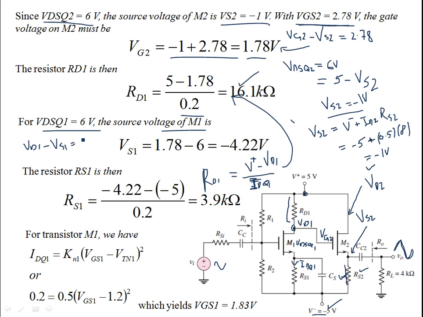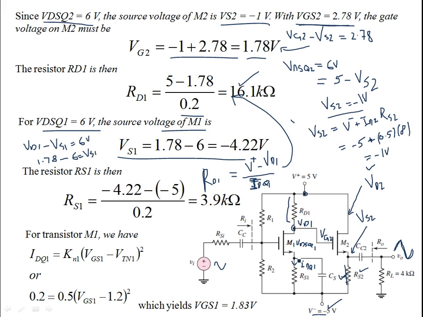We know VD1, which is your VG2, so VG2 is 1.78 volts. If you plug in these values, 1.78 minus 6 is your VS1, and that's minus 4.22.